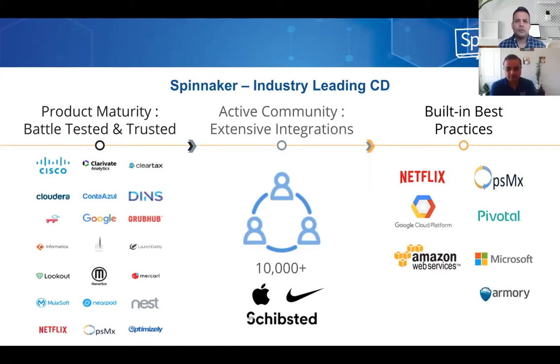Spinnaker is also supported by the original founders, Netflix, who still contribute a lot to the project, along with Google. They are 2 big contributors, but it's also supported by other cloud providers like Amazon and Microsoft, along with companies like OpsMX and Armory. So it's a pretty vibrant community, and it has gotten wide adoption.